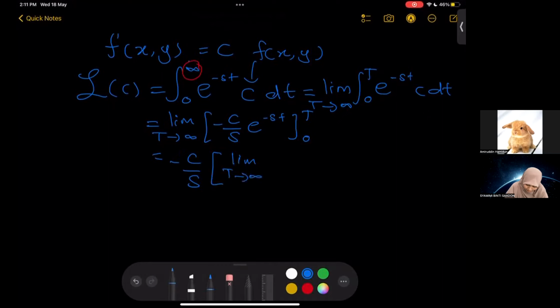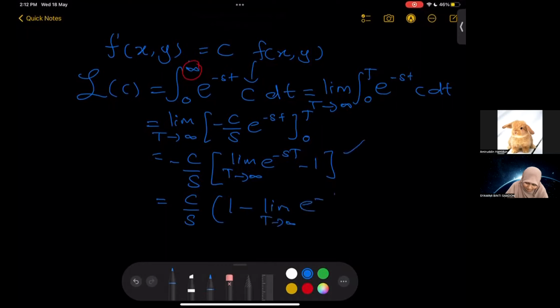We write exponential minus st, minus 1. We take out the constant, and then we get the limit as this. Then just rearrange it. Actually you can leave it like this, but let's make it a bit neater.